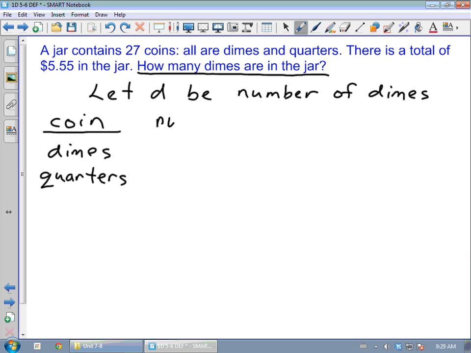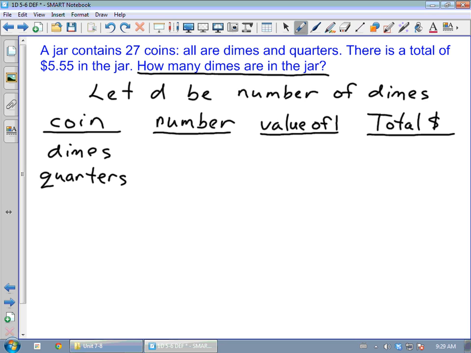Second column, I'm going to call the number. That's for the number of each of these things, dimes and quarters that we have. Third column, I'm going to say the value of one of these things. And the last one, I'm going to say the total value of this.